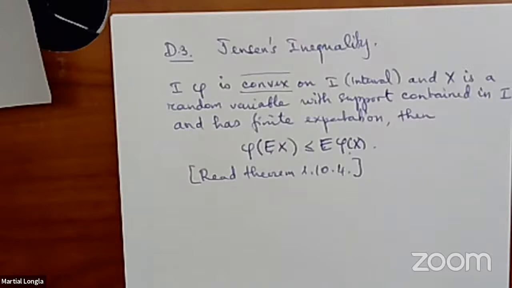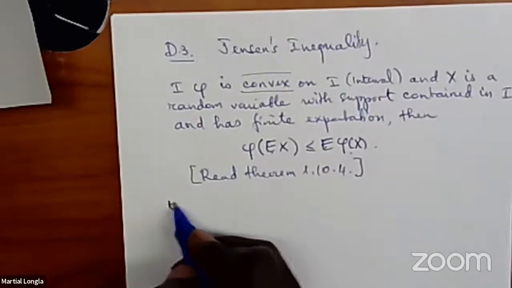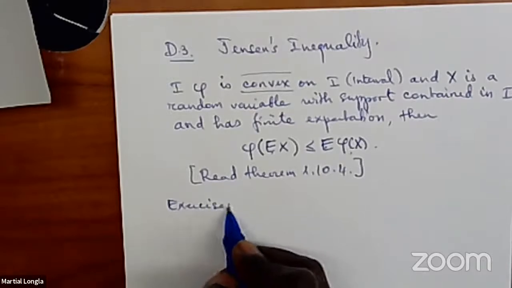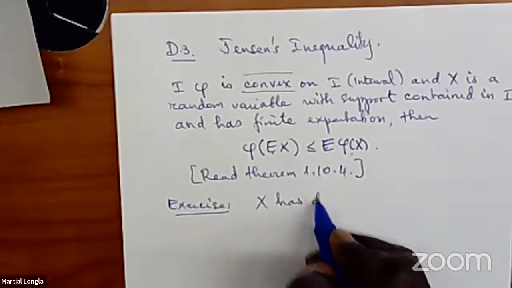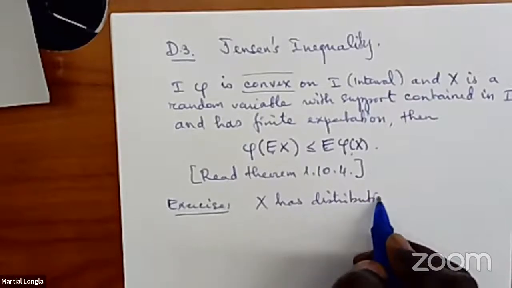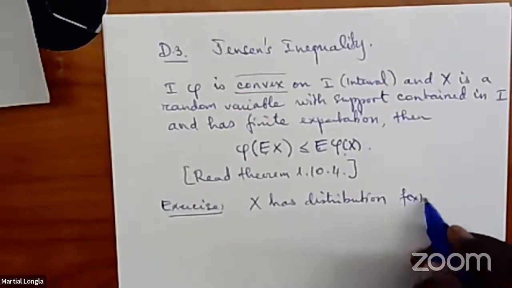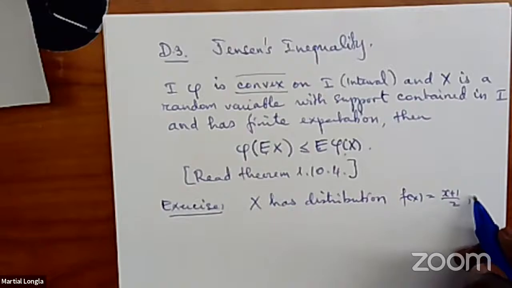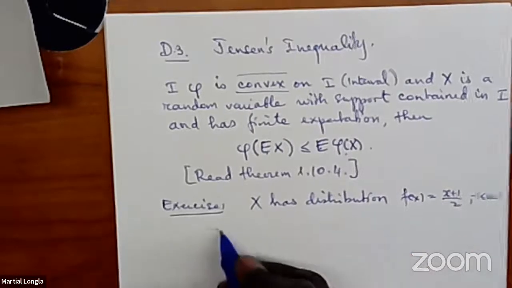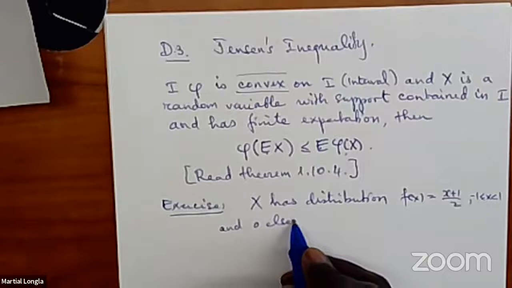Let's see, we have X has distribution f of x equals (x plus 1) over 2 when minus 1 is less than x less than 1, and 0 elsewhere.